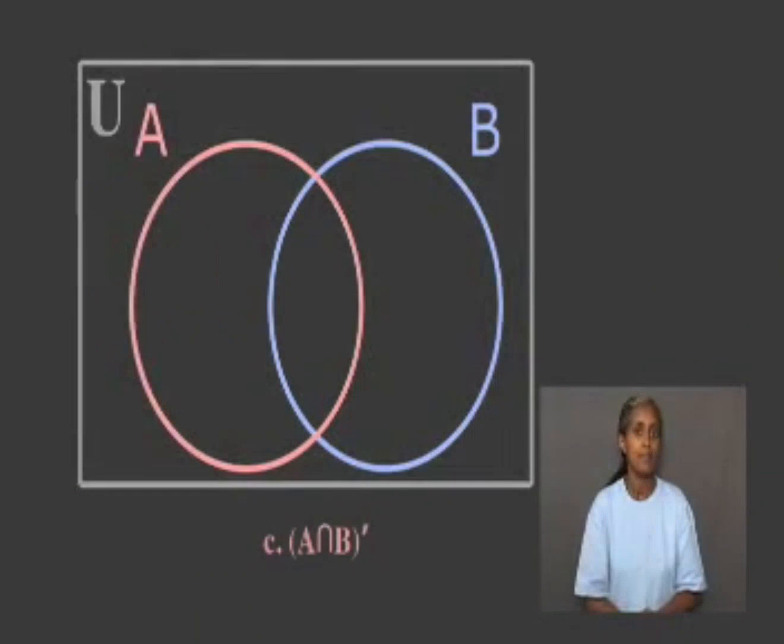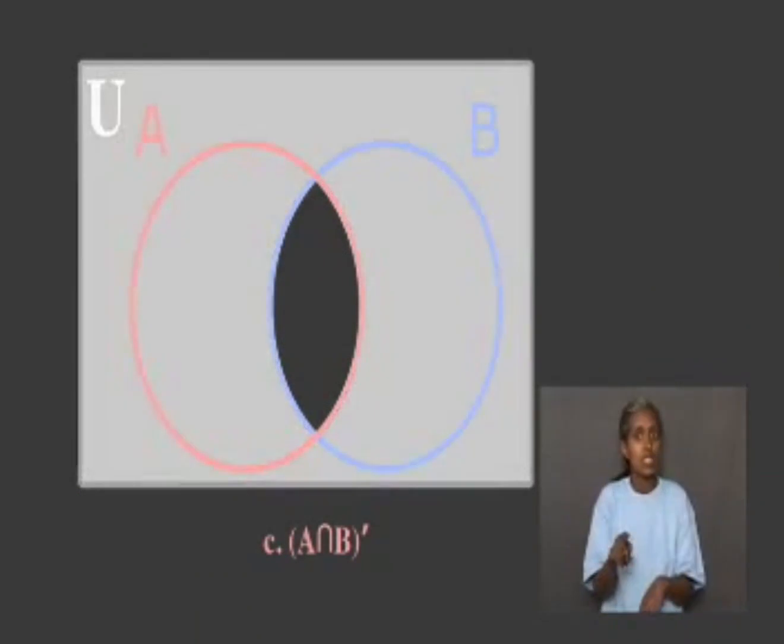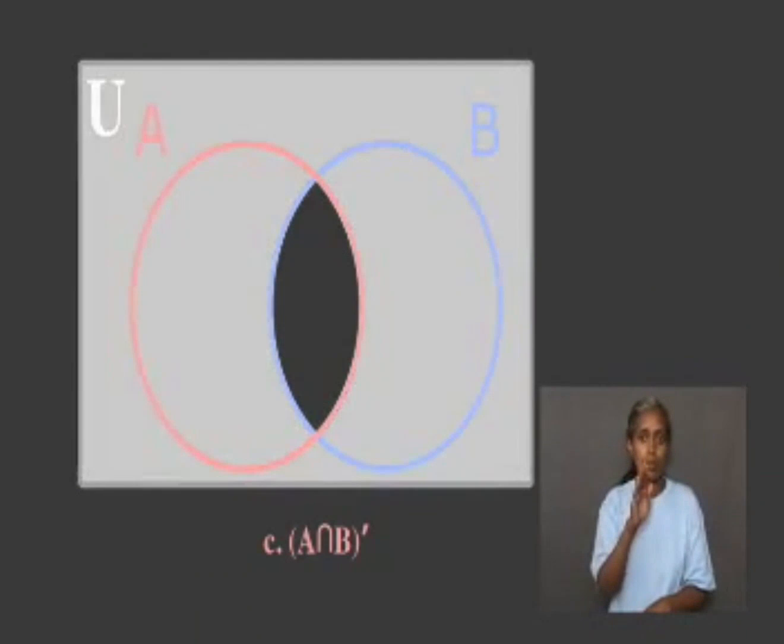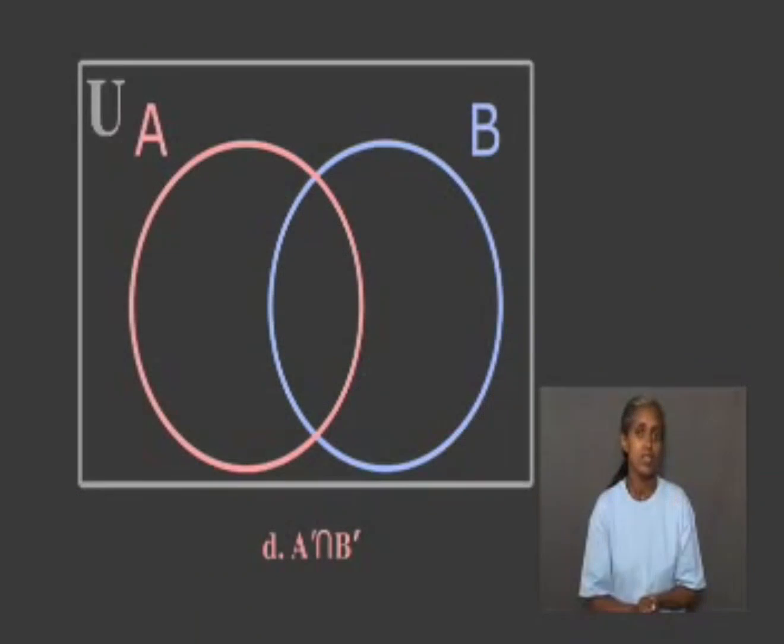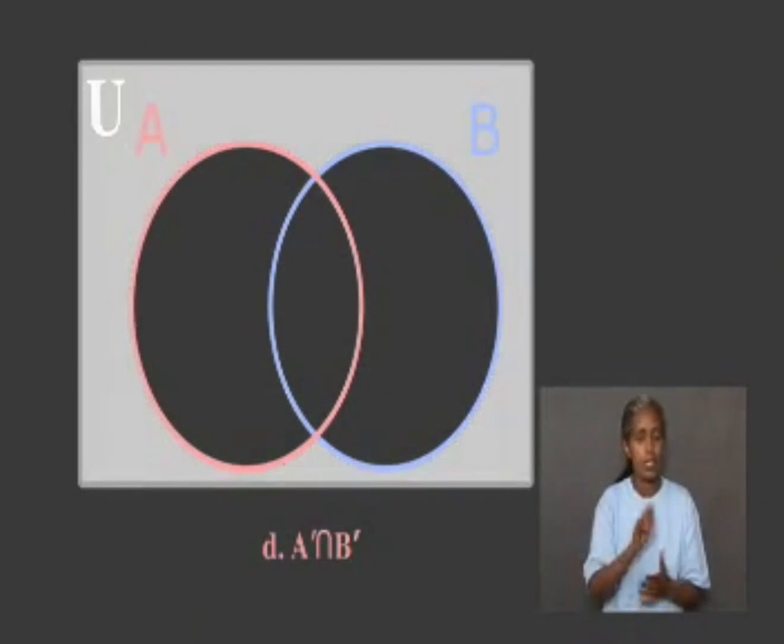This is also how the absolute complement of the intersection of A and B appears. And finally, A complement intersected with B complement appears the same as our first diagram.